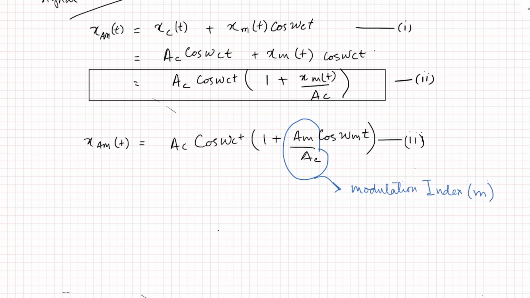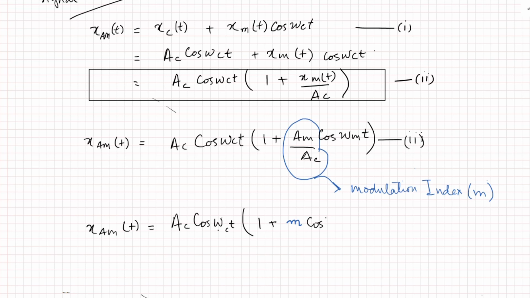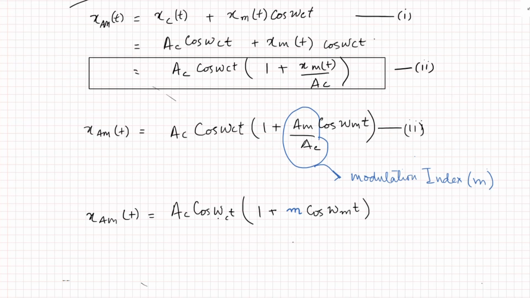So, equation number 3 will become x_AM(t) equal to A_c cos(omega_c t) into 1 plus m cos(omega_m t), where m is modulation index.